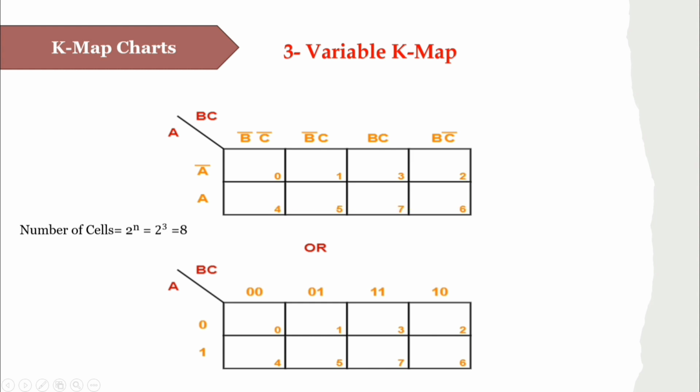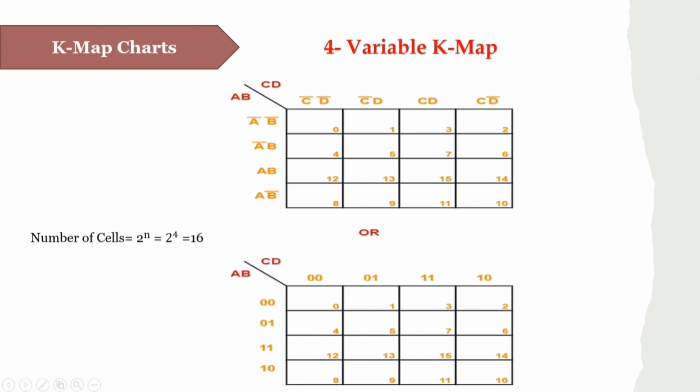If it is not, then we should move to grouping of 4 cells. If grouping of 4 cells is also not possible, then we must move to grouping 2 cells together. If grouping of 2 cells is also not possible, then finally we must group the individual cells and take the result. Now let's move to the 4-variable K-map.